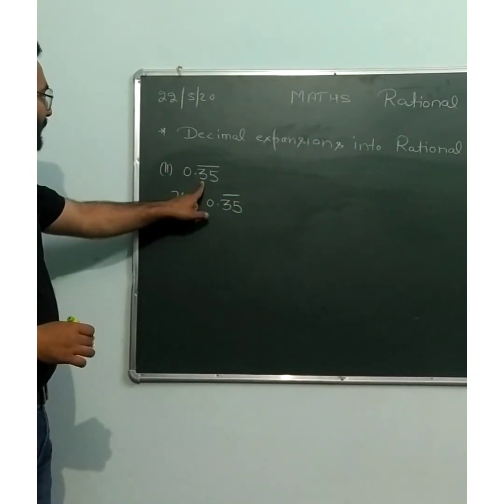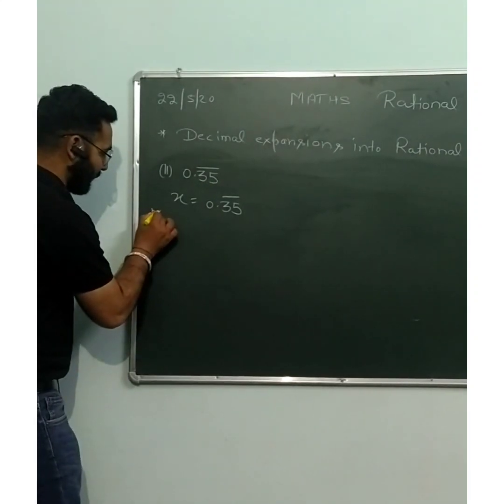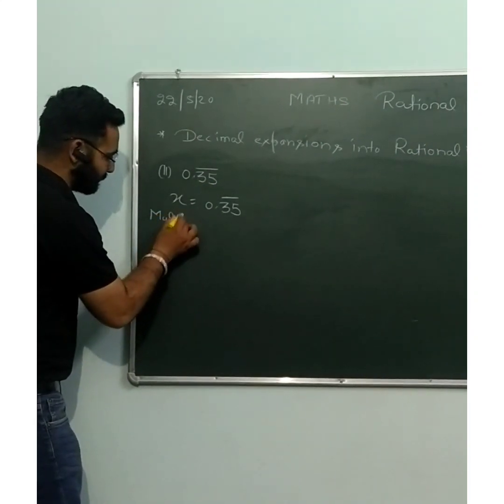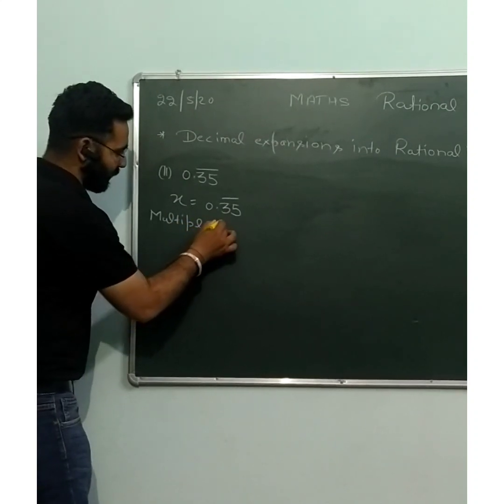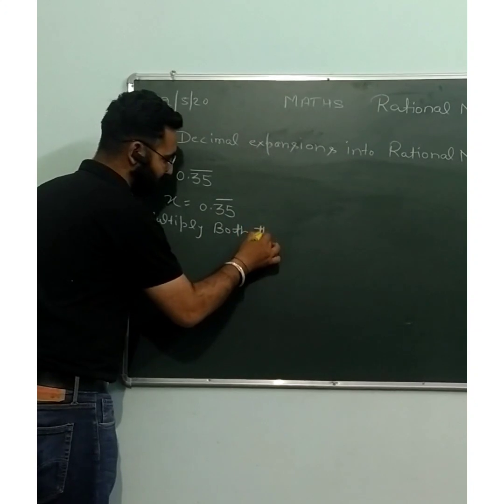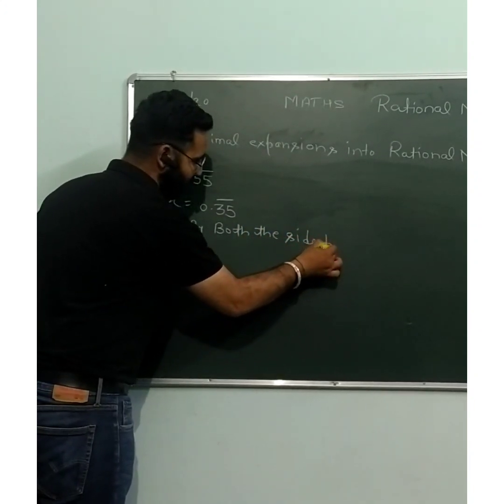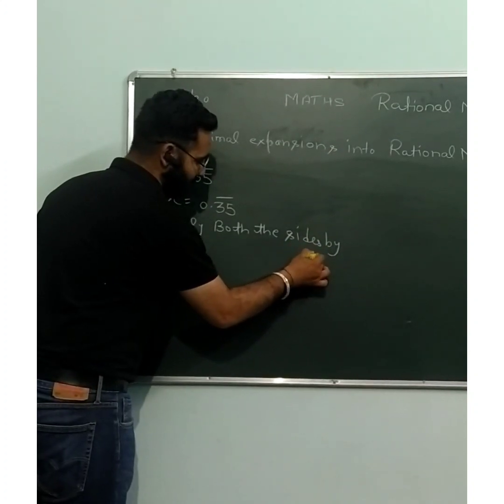After that, because we have two digits after the decimal, we will multiply both the sides by 100.